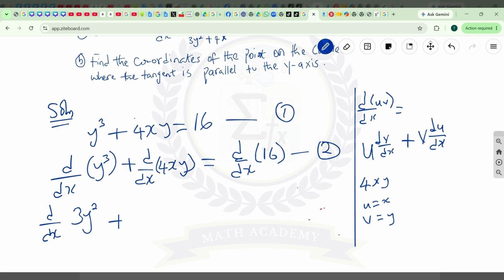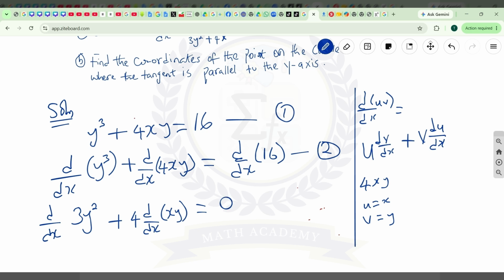I'm going to bring out the constant, so this is going to be 4 times d over dx of xy. And when I differentiate 16, which is a constant, I will have 0.